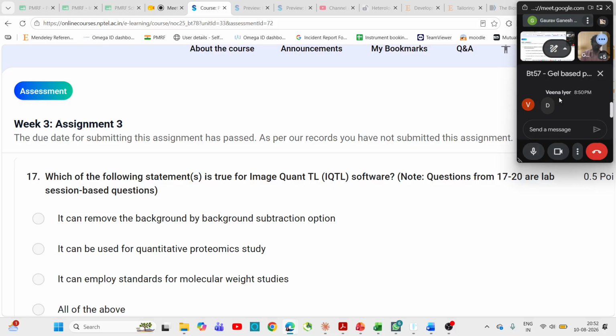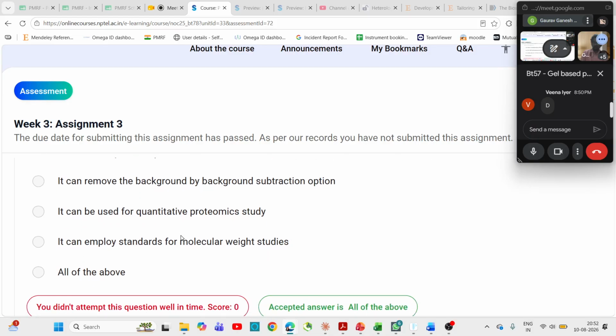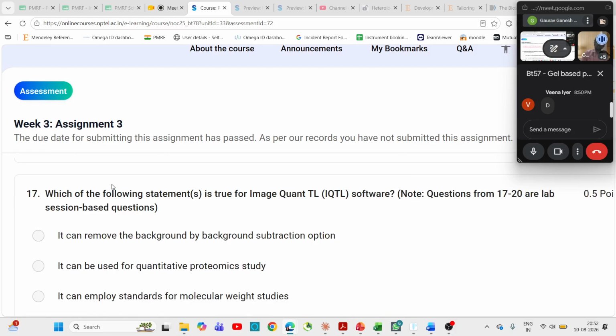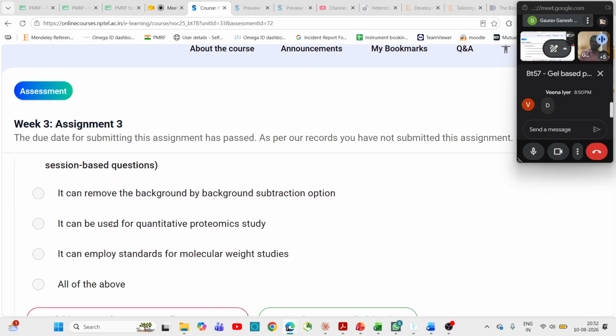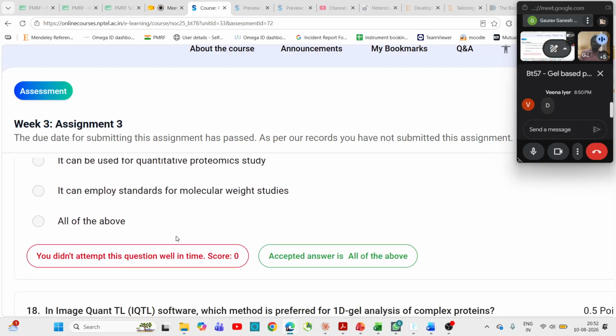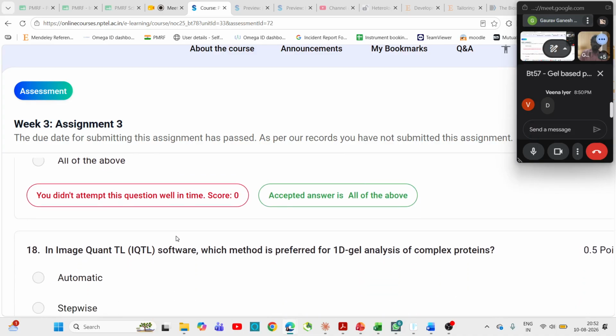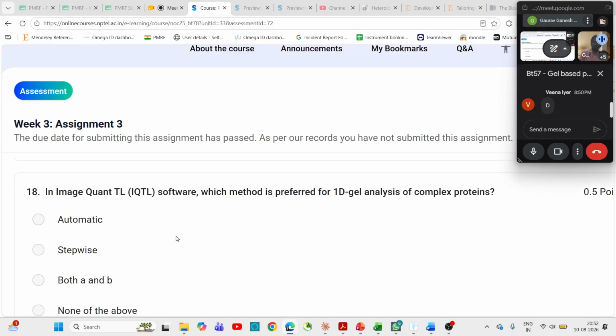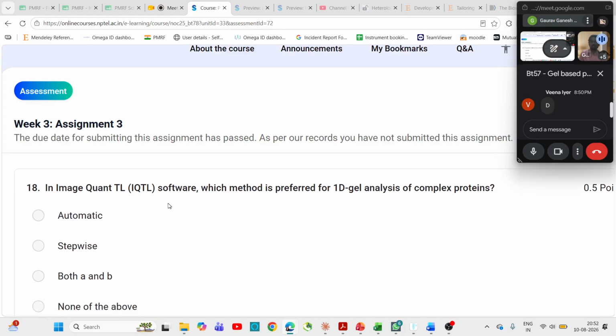It's all of the above. So it can remove the background. It can be used for quantitative proteomics, and it can employ standards for molecular weight studies as well. I didn't cover this in this session though. One of the professors talked about this software in detail.